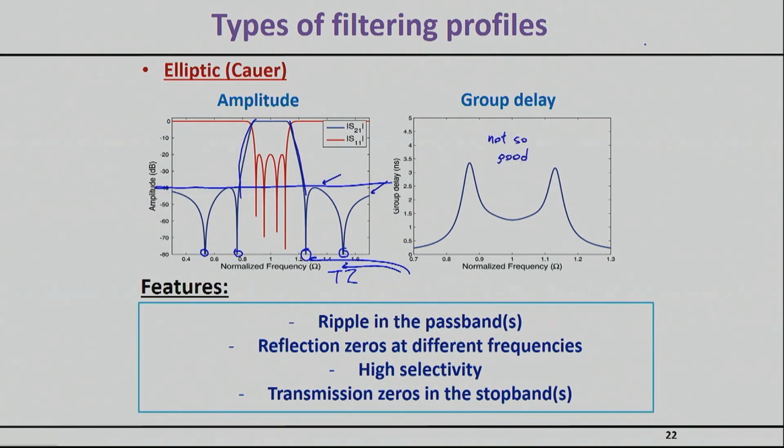So the elliptic filters have ripple, pretty much like the Chebyshevs do, but they have ripple both in the passband as well as in the stopband. You do have the benefit of killing interferers if you like, because they have these transmission zeros, but your group delay suffers again.